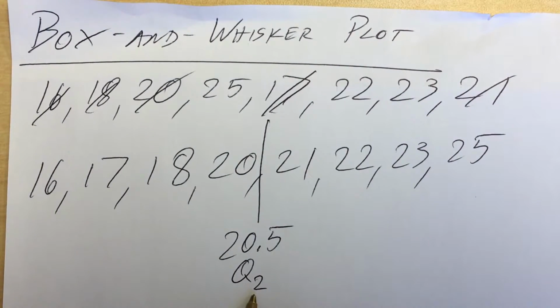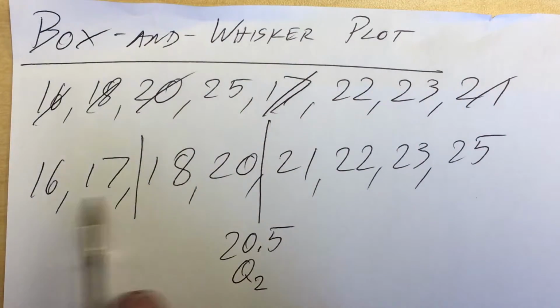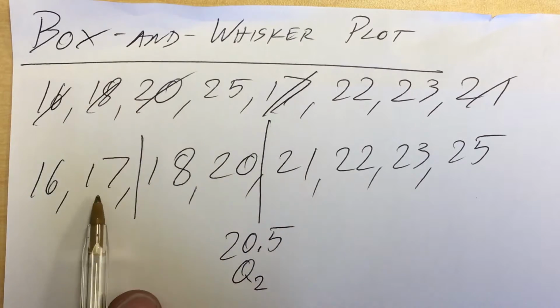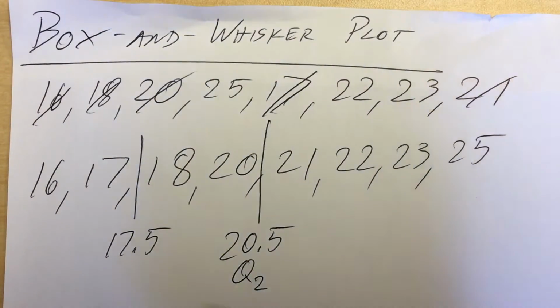Once we have quartile 2, we can find quartile 1, which is the middle of the left-hand side. The left-hand side has 4 numbers, so if we divide them in half, 2 numbers on the left and 2 on the right, the middle is between 17 and 18, so 17.5 is quartile 1.